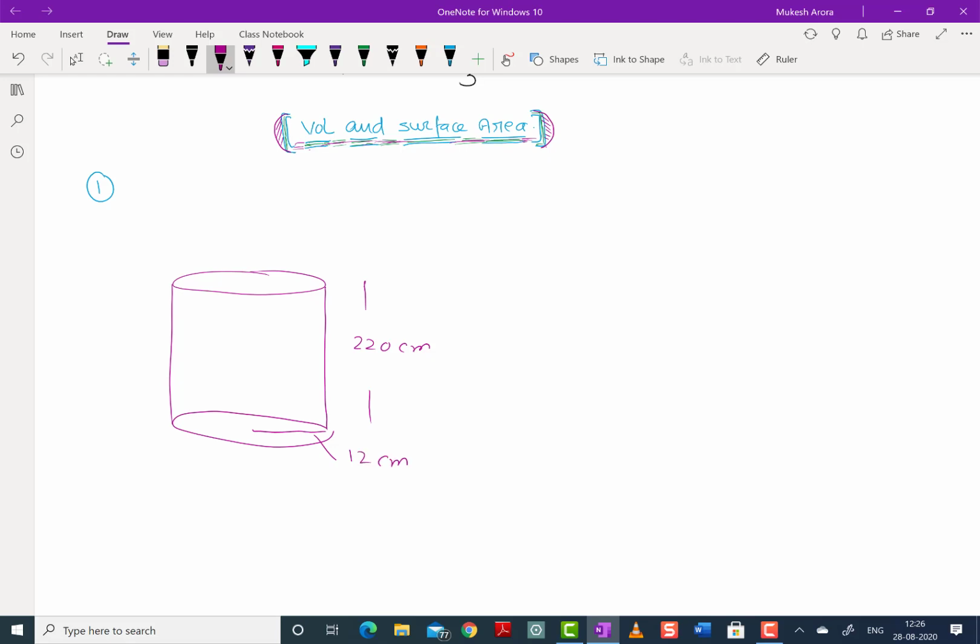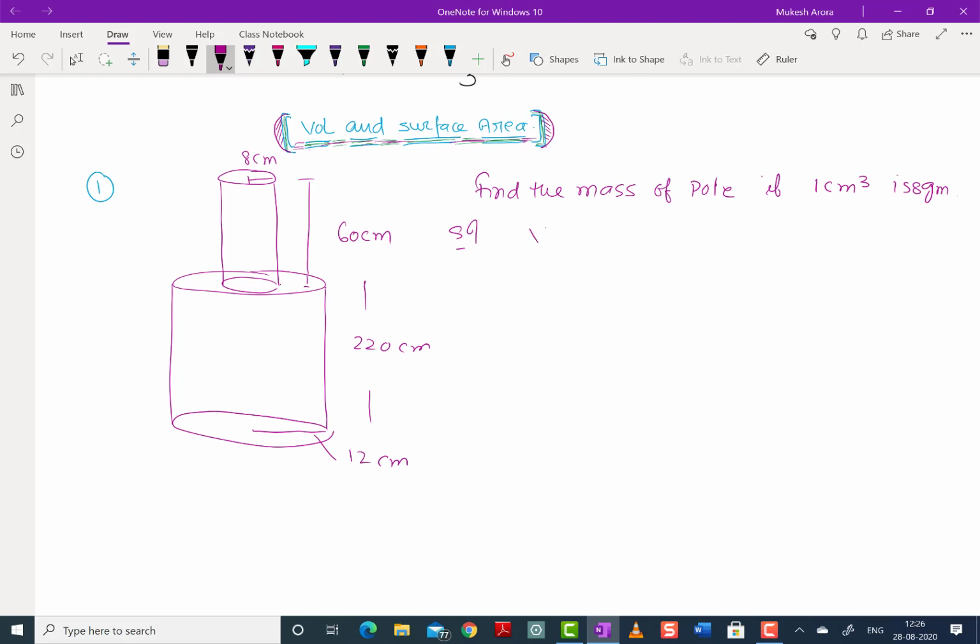It is surmounted by another cylinder of height 60 centimeter and radius 8 centimeter. Find the mass of the pole if 1 centimeter cube is 8 grams.